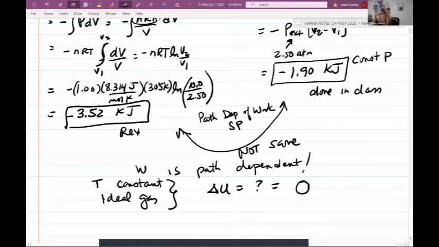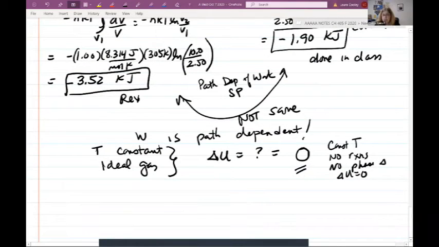For a constant pressure problem, it was 0, the goose egg. So for a constant pressure, constant temperature process, with no reactions and no phase changes, delta U equals 0.